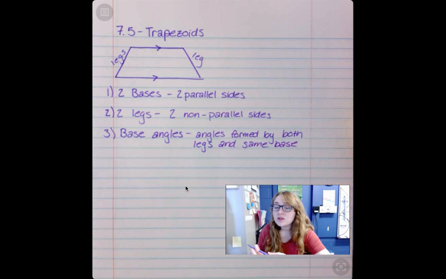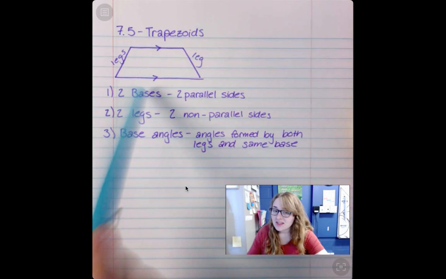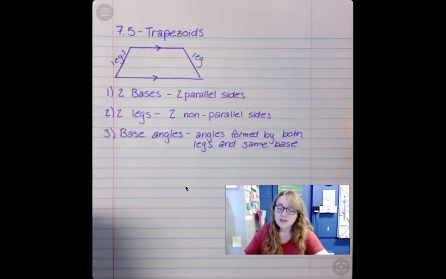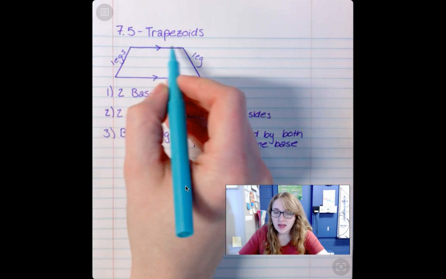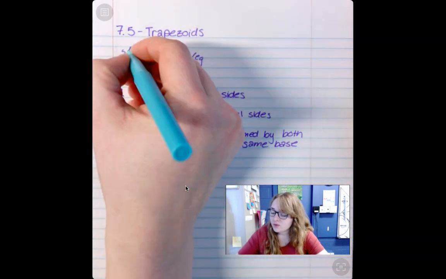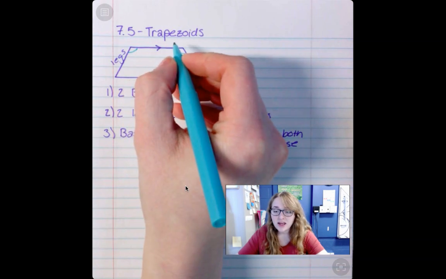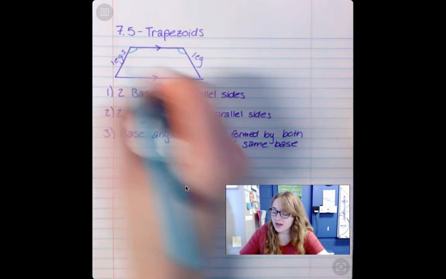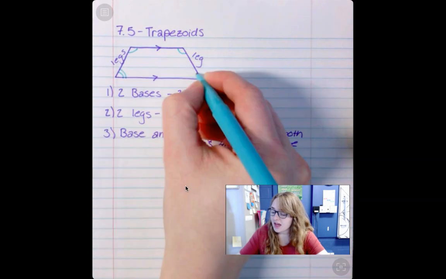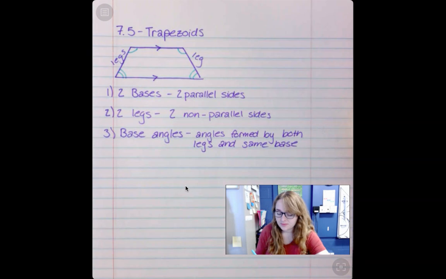Okay, so with triangles, we only had one pair of base angles per triangle. But here, since we have two bases, we're going to have two pairs of base angles. Okay, so this top base here, we can have two base angles touching both the legs and the same top base. And then down here on our second base, we can have two base angles, one touching each of the legs and the same base. Okay.